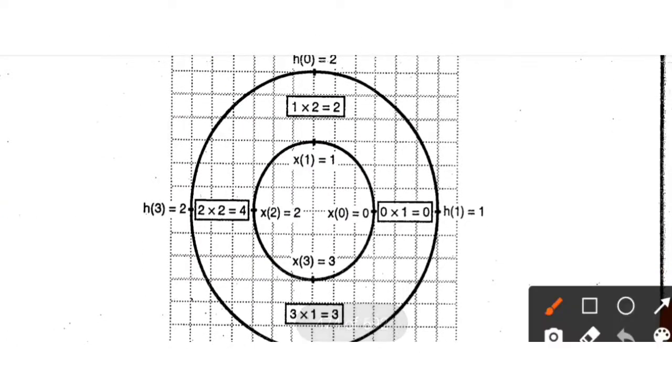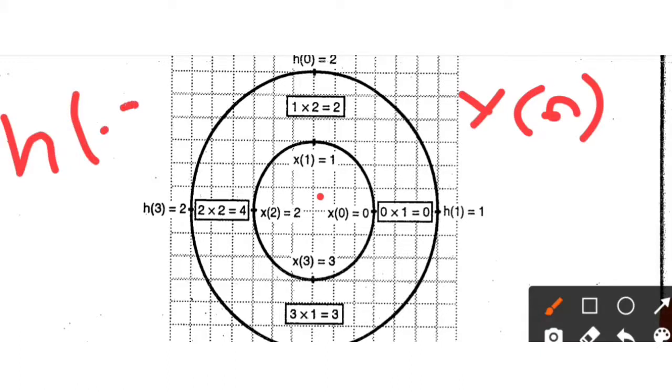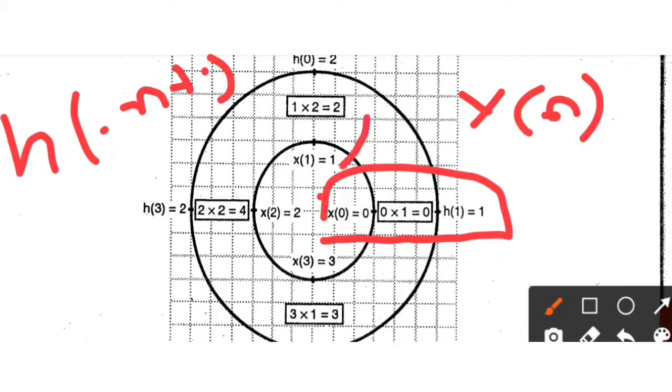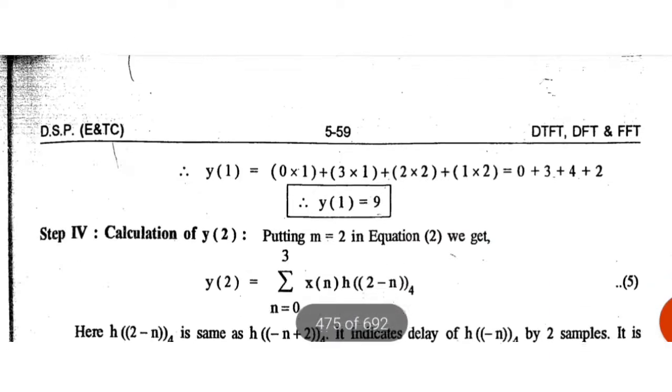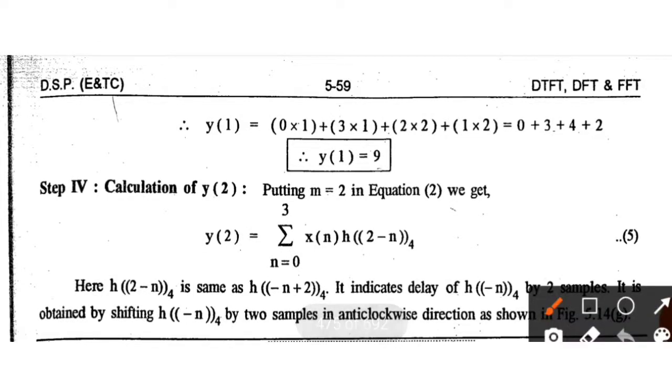Here the inner circle is x of n and the outer circle is h of minus n plus 1. We multiply x of 0 with h of 1, x of 1 with h of 0, x of 2 with h of 3, and x of 3 with h of 2. So we get y of 1: 0 times 1, 3 times 1, 2 times 2, 1 times 3. So y of 1 equal to 9.